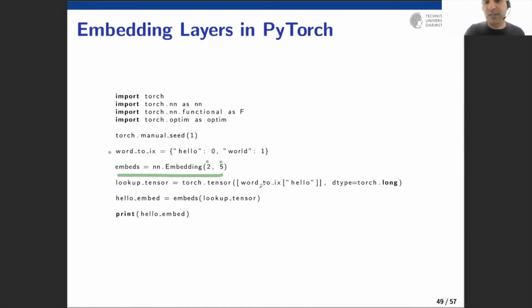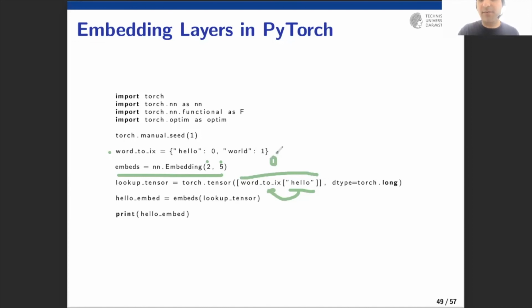So what we do is say, assuming that we are given the word hello, we want to know what is the embedding representation of the word hello. We give it to the dictionary that we have, word to index, and it returns the index. Hello has index 0, so it returns 0 here.